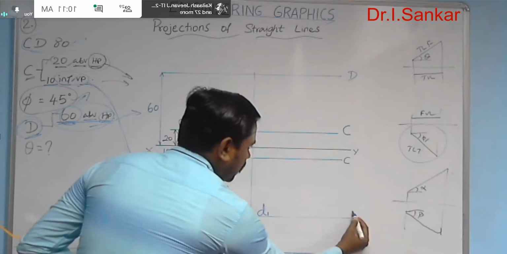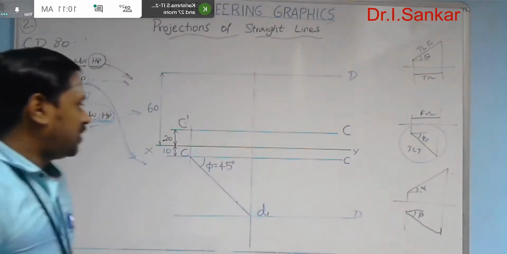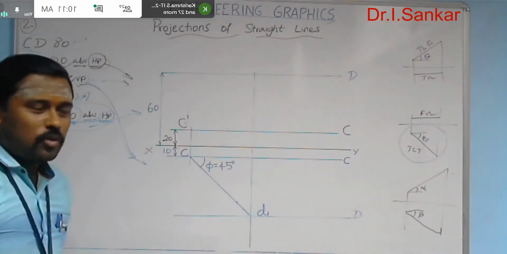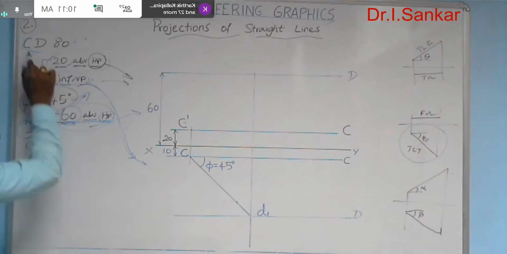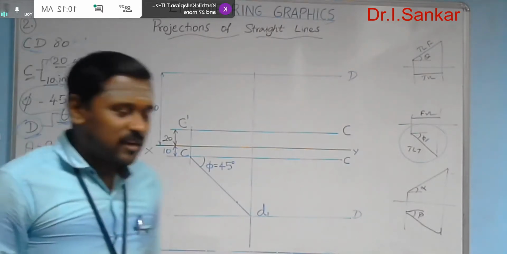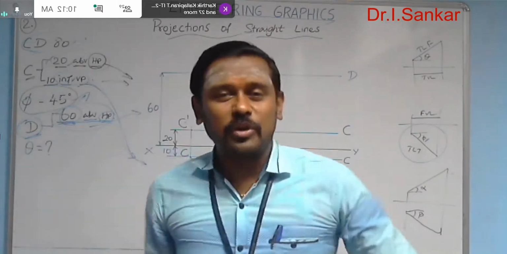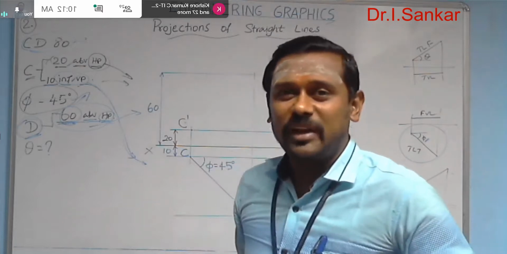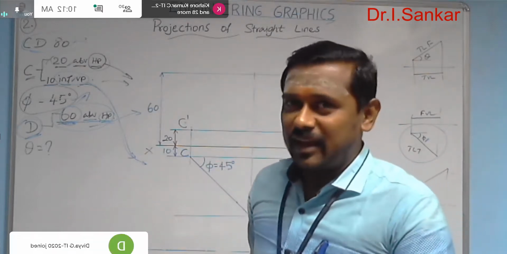And this is nothing but locus of D in the top view. Now I used all the data given in the question. Thereafter we need to think how to bring out all the remaining 5 lines and 3 angles.